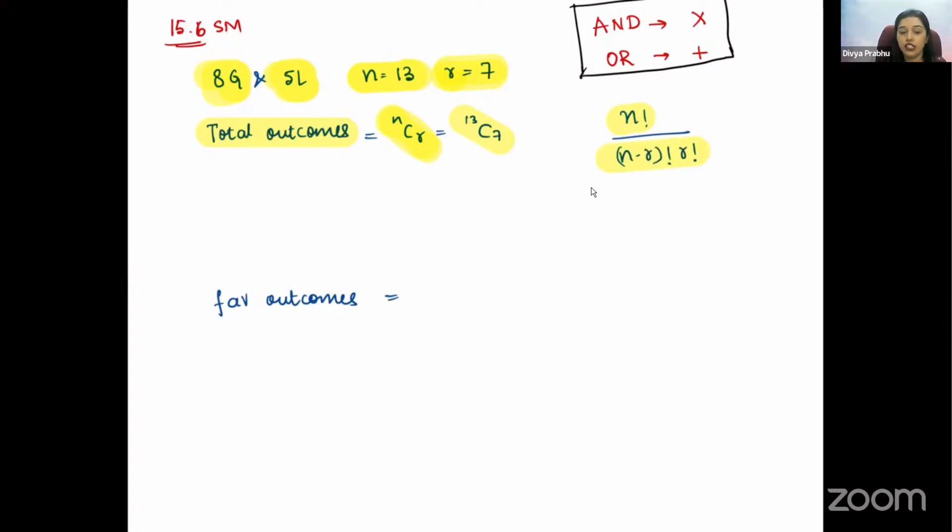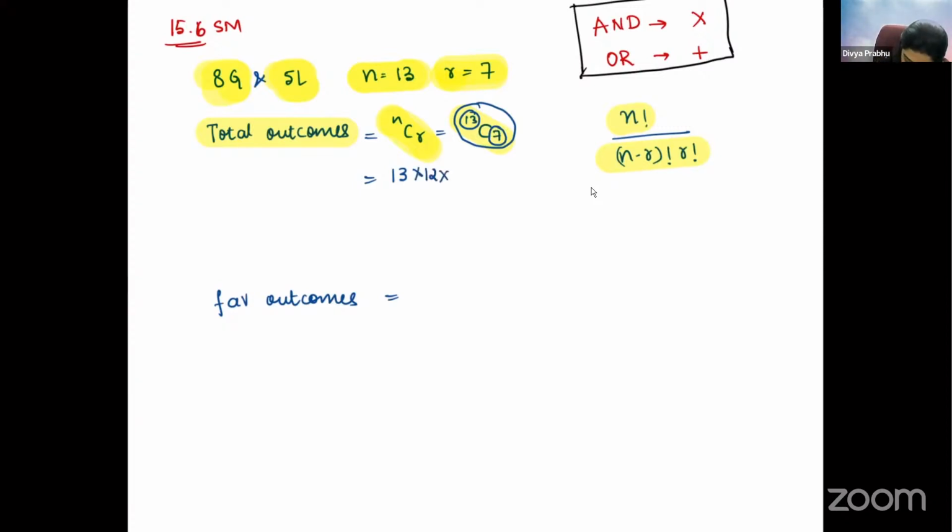But instead of going for this formula, there is one more shortcut way. Not sure how many of you know this shortcut, but when 13C7 is given, always start from 13 and write this r number of times, basically 7 times you multiply from 13.